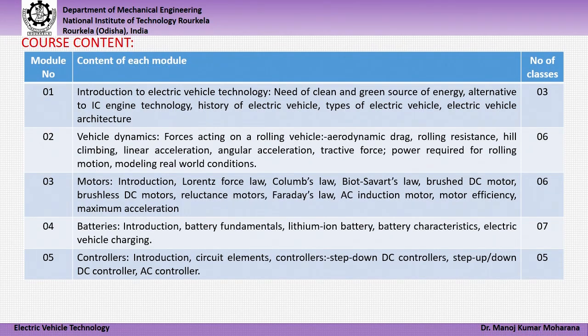Then we will see what are the types of electric vehicles available, and we will learn the electric vehicle architecture. So, roughly we will cover this in around 3 hours time, it is expected. The number of hours required to cover every module may change, though I have given a tentative timeline only.